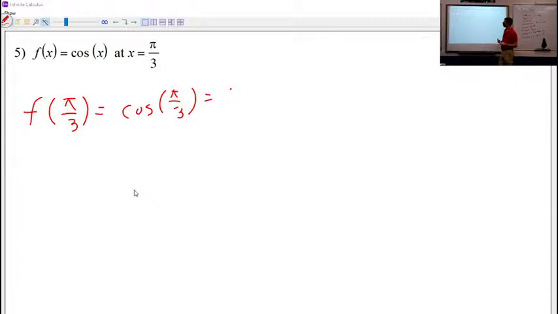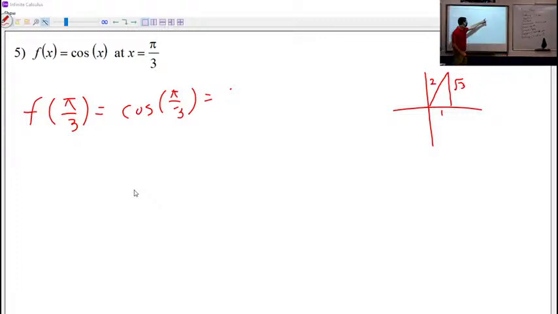Square root 3 over 2? Or is it 1 half? Opposite over hypotenuse is 1 half. Wait, no, it's not. It's square root 3 over 2.